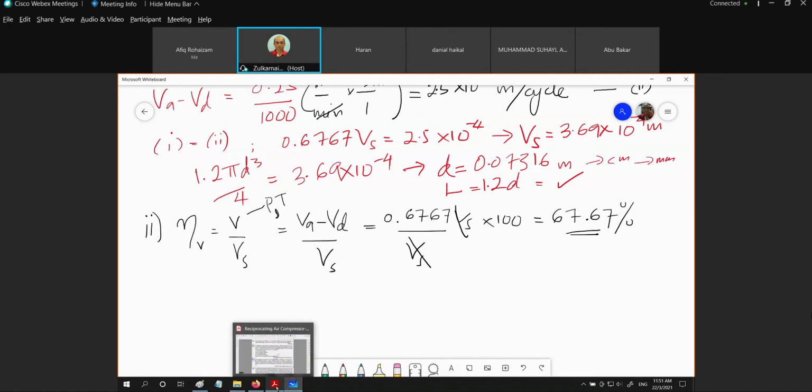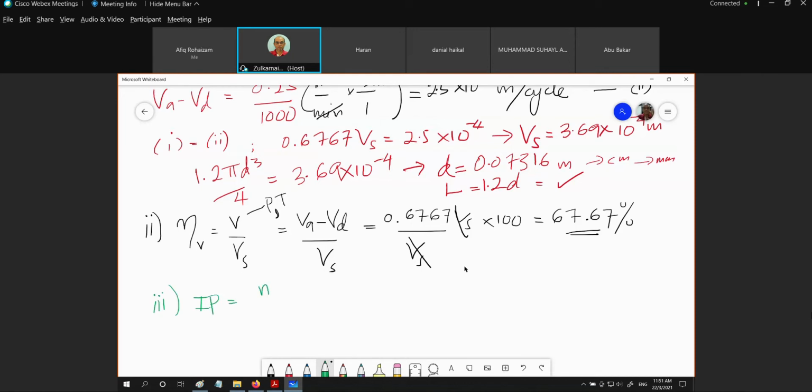Next question is part 3, to get the indicated power. Number 3 is to get the IP. What is the IP? For this case, VC is not equal to 0.